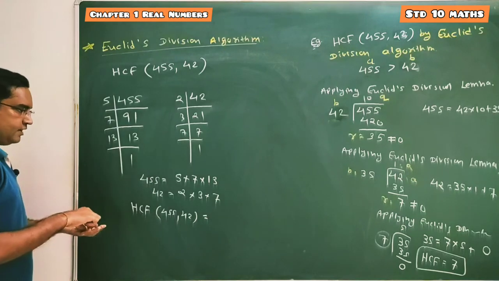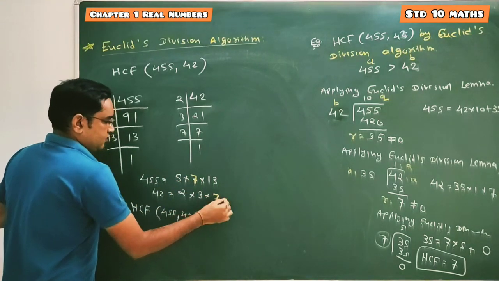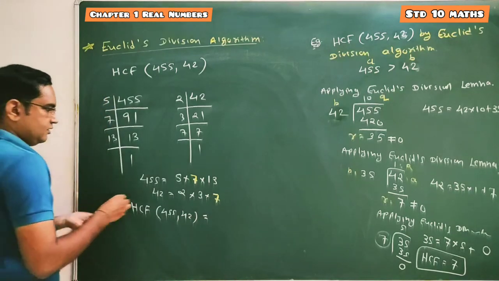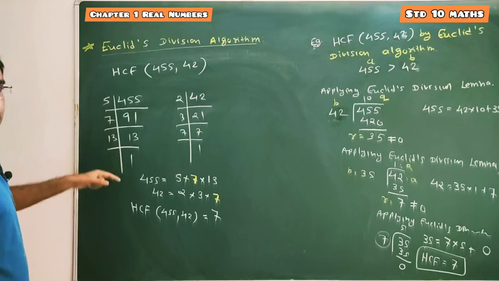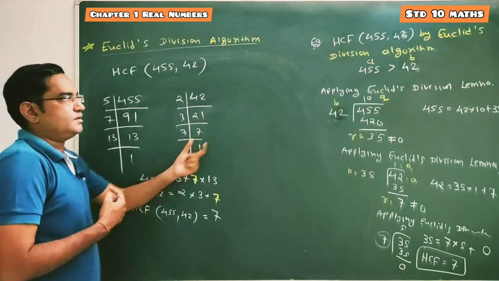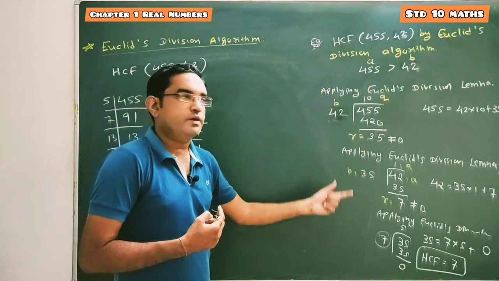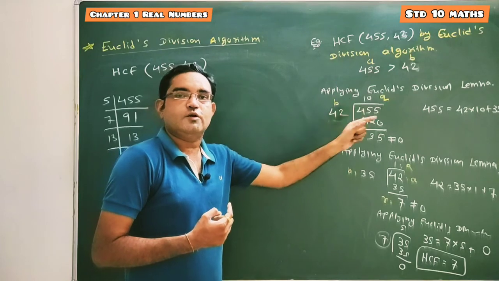Which factor is common and of highest value? 7 is the common one, highest value is 7. So HCF is 7. This is how you can find the HCF of given two numbers by using the prime factorization method, and this is how you can find it by using Euclid's division algorithm.